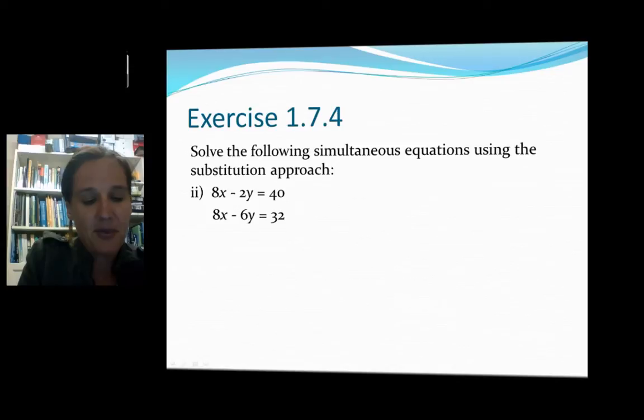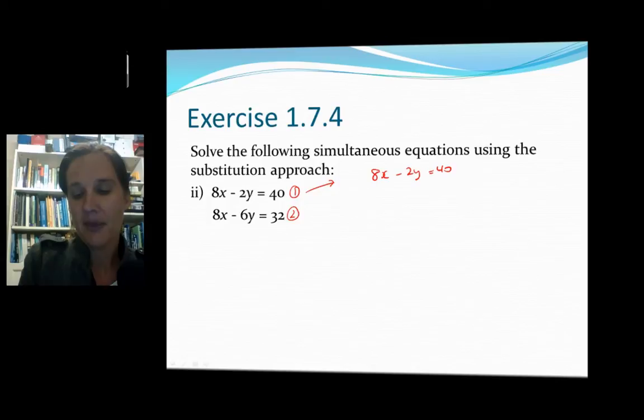Exercise 1.7.4. We've got here our two simultaneous equations: 8x minus 2y is equal to 40 and 8x minus 6y is equal to 32. If we take our equation 1, 8x minus 2y equals 40, and add 2y to both sides, we get 8x is equal to 40 plus 2y.